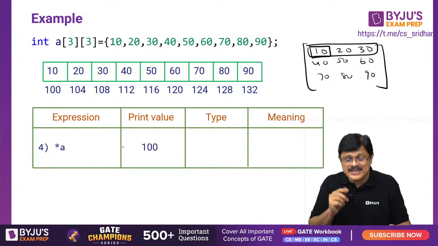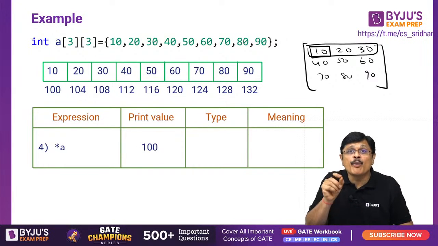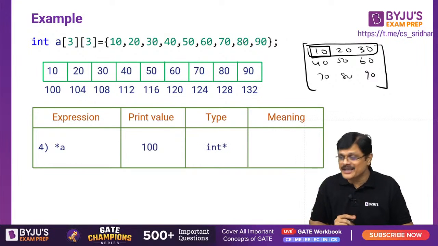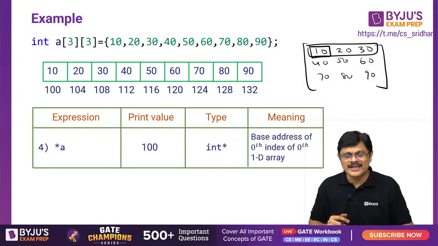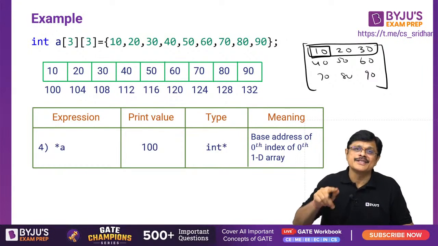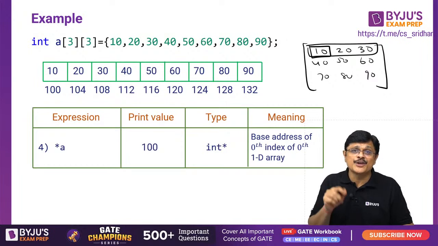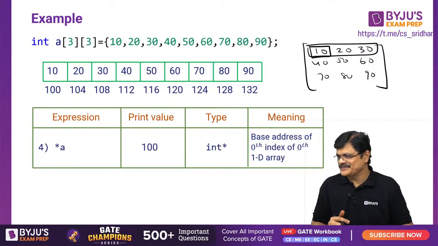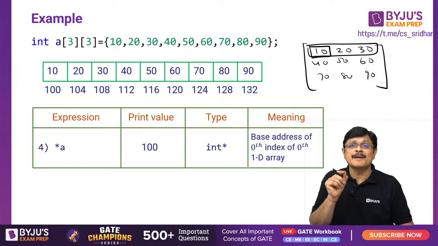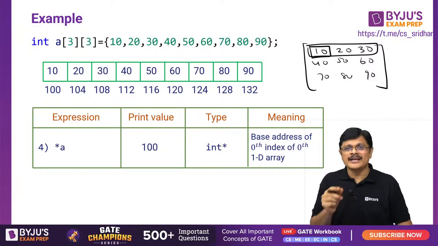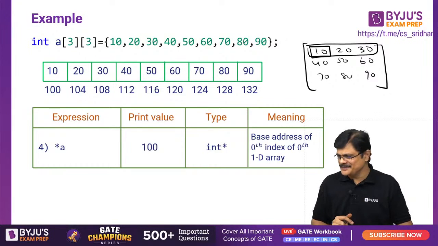And here, what type is it? It is just a pointer to an integer. So, base address of the 0th index of the 0th 1D array. It is just a pointer address. It contains an address. Is the idea clear?